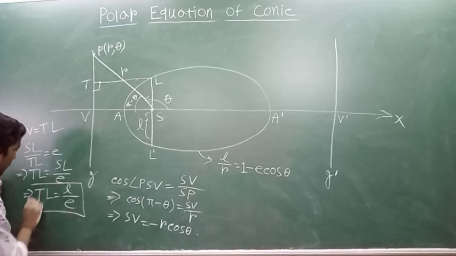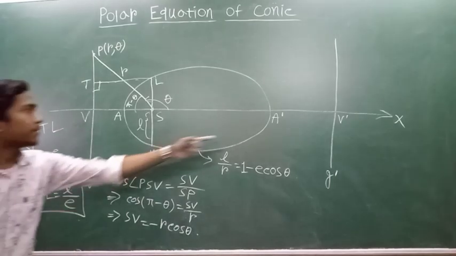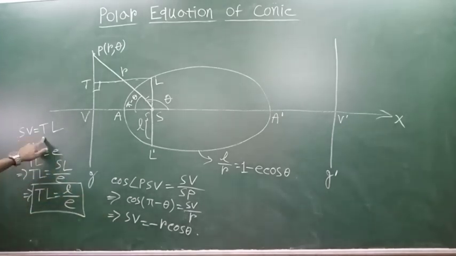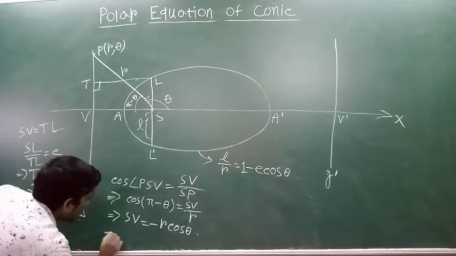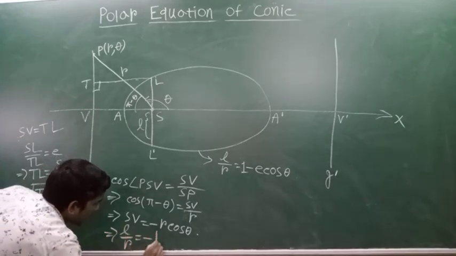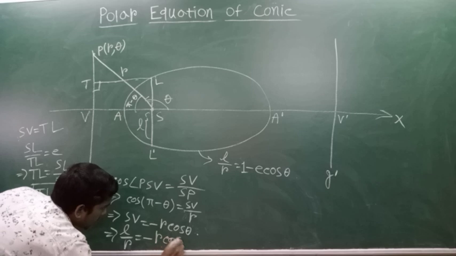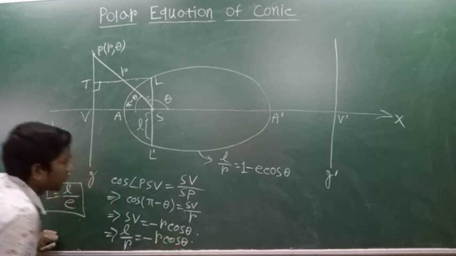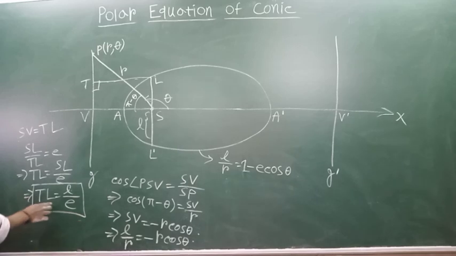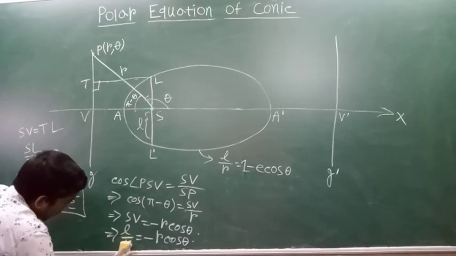We use this later also to derive its equation. Now in place of SB we can write TL, and in place of TL we can write l by e. Sorry, this is actually TL is equal to l by e.